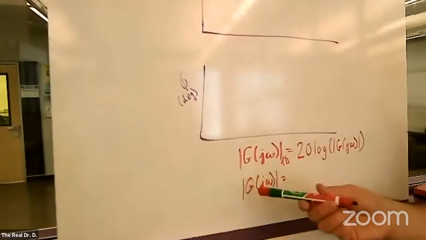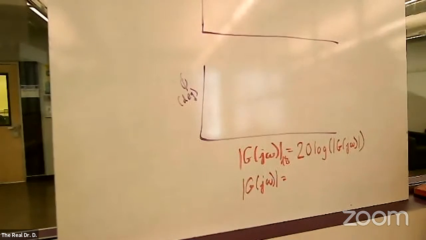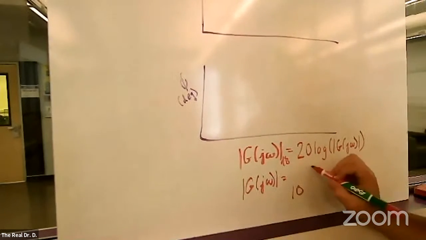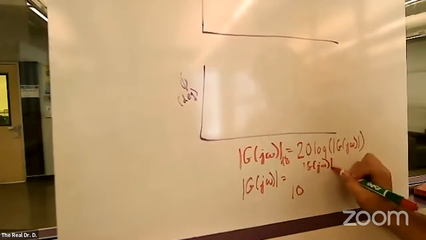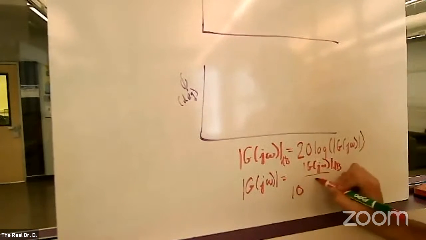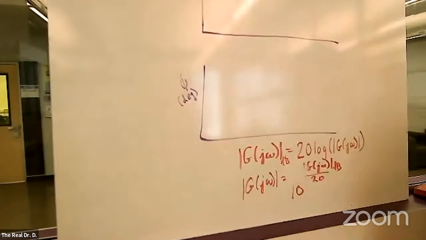If I had to solve this for the magnitude of G of j omega, I'd have to divide both sides by 20 and then raise 10 to that power. So it's 10 to the magnitude of G of j omega in decibels divided by 20. And that's how we go back the other way.